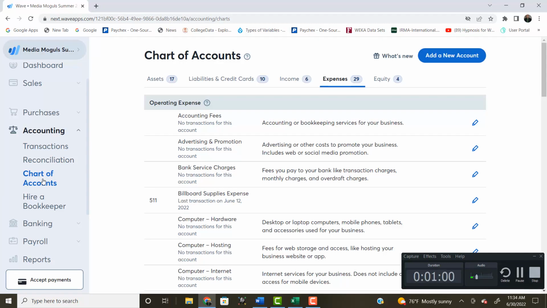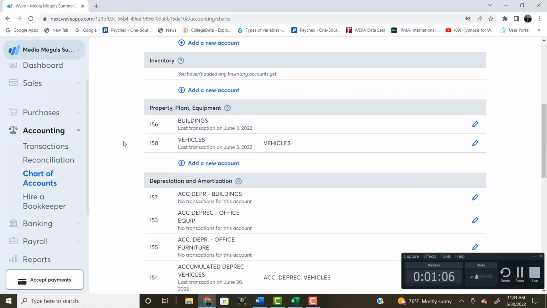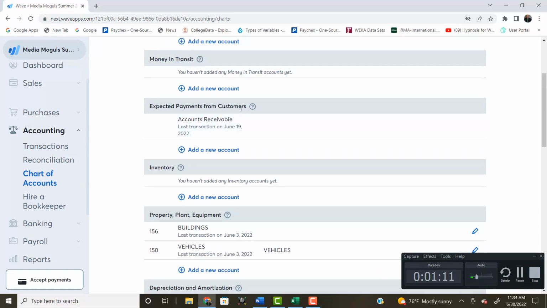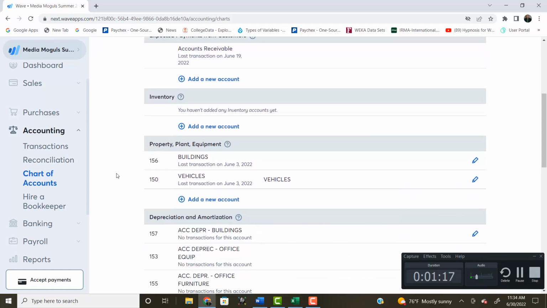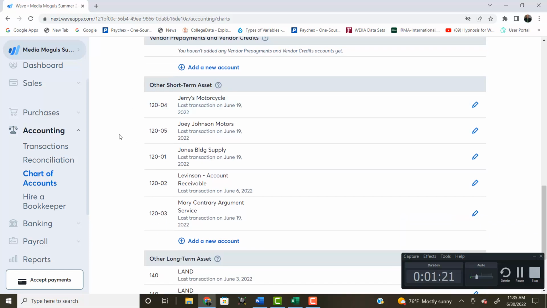If I go to the chart of accounts and go to assets, these are accounts receivable, but the accounts receivable that they have here didn't allow me to add sub-accounts, so I had to do them down here in the other short-term assets. Now, it's real simple to do.